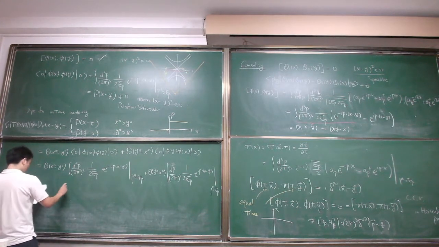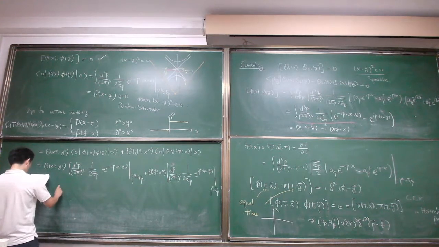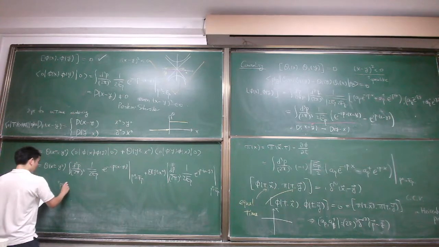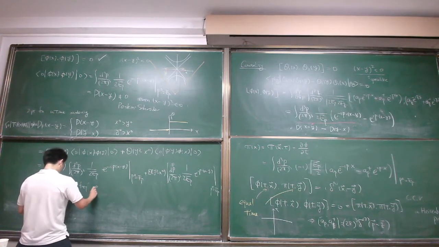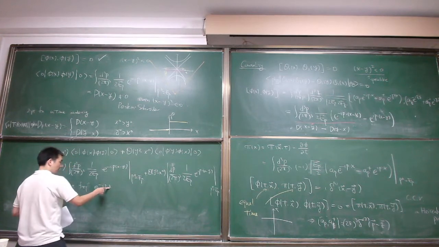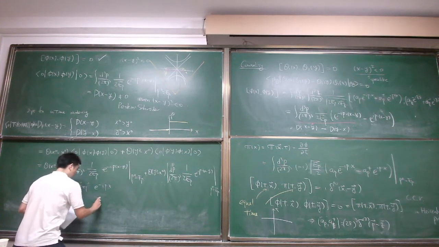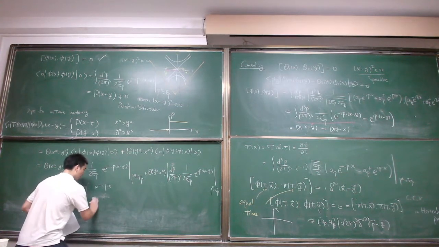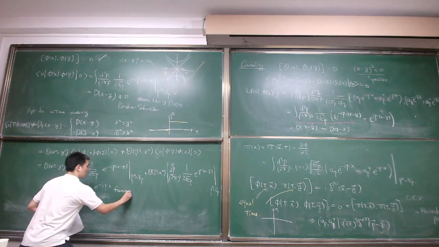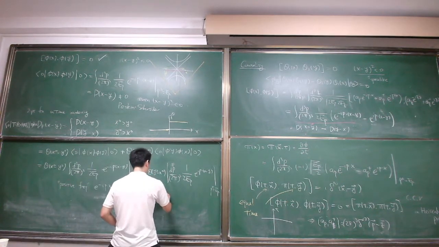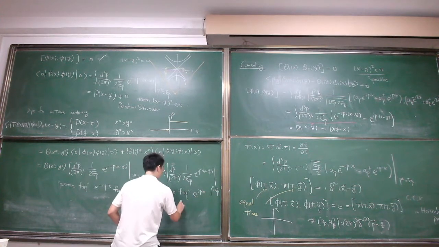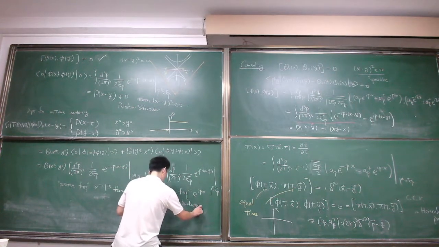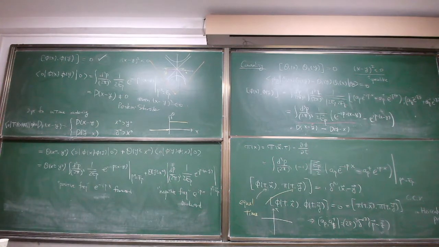This means that this is in the future, so this means positive frequency, e to the minus i p dot x, where t is positive, in forward time, and this is negative frequency, e to the i p x, in backward time.